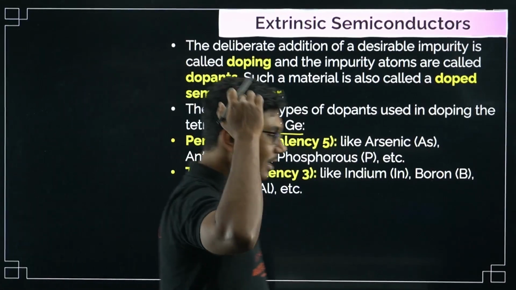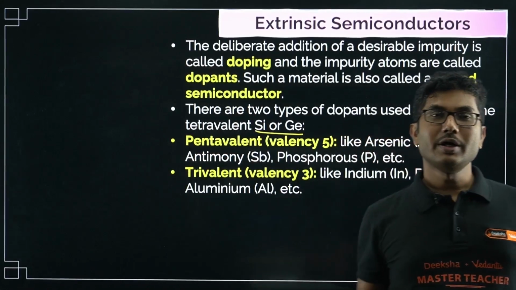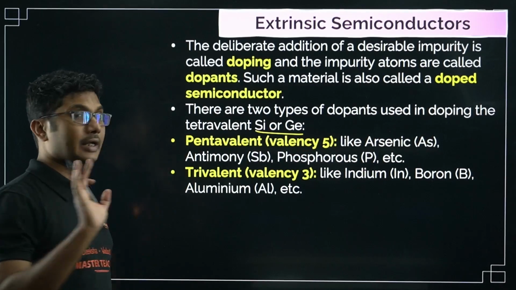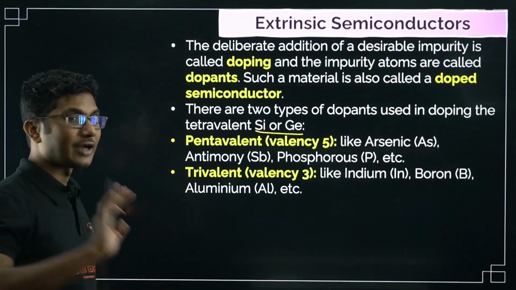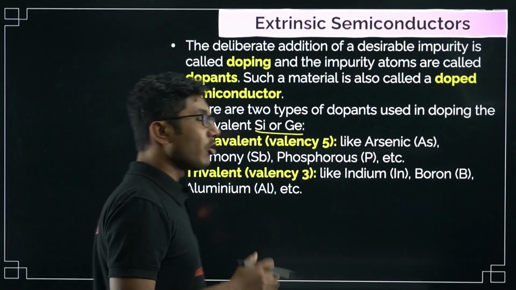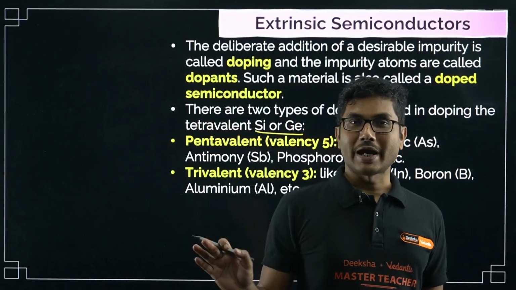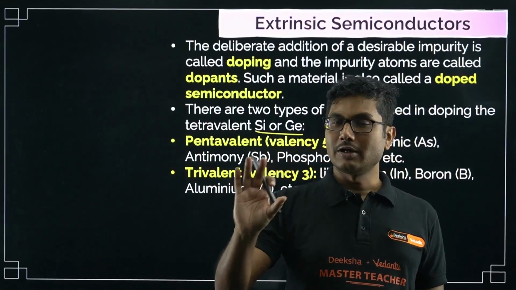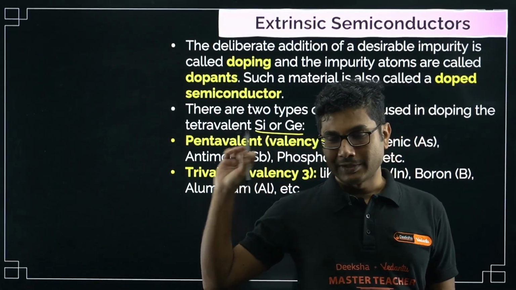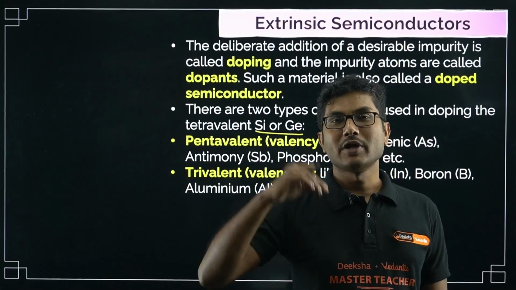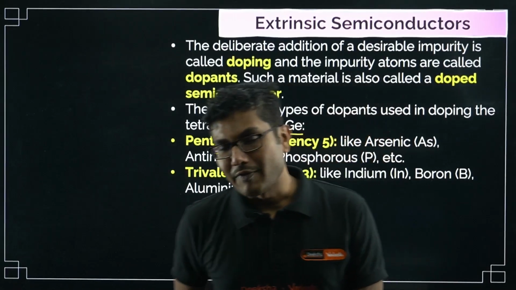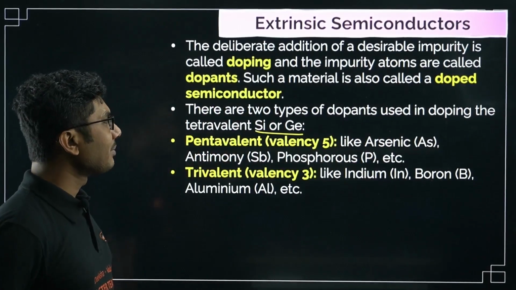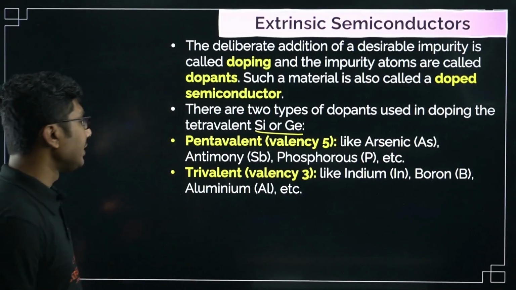If you add a pentavalent dopant into tetravalent silicon and germanium, their conductivity changes. Similarly with trivalent, so either one more valency or one less valency. You cannot dope with anything. Silicon has valency 4, so either you dope it with 5 or you dope it with 3. Trivalent examples: indium, boron, aluminium, etc.